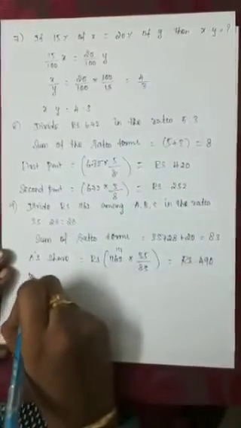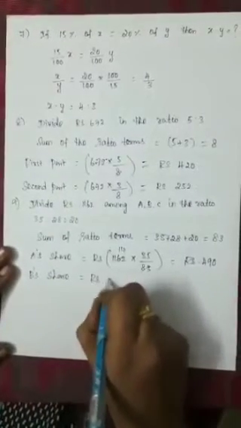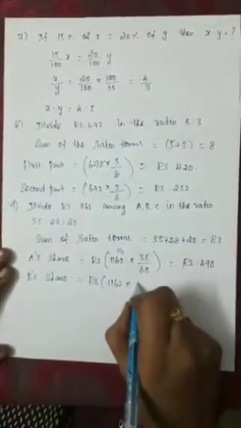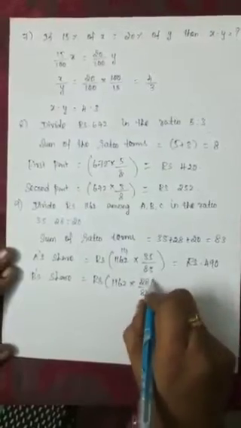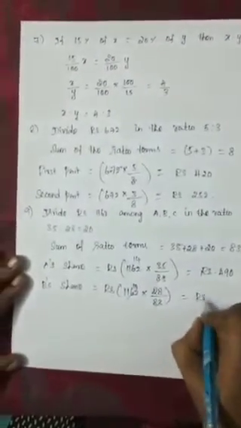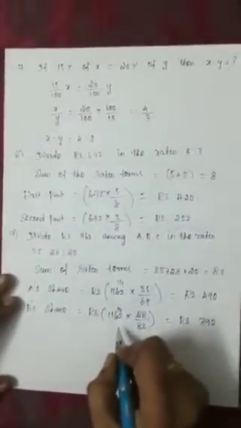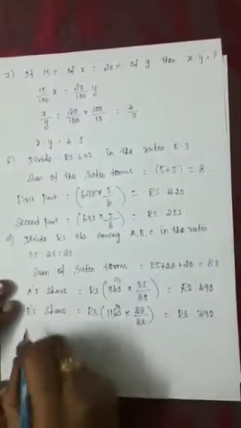And calculate B's share, which is equal to rupees 1162 into second one is 28 by 83. So cancelling this, 14 into 28 is equal to 392.